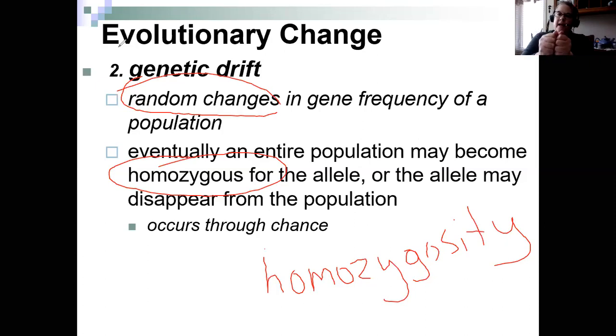So every individual would have the recessive version of that trait. Or instead of having any little a's, the whole population just has big A's. So now every individual has only the dominant version of that trait. Okay, so this is what the problem is, homozygosity can happen. And if it happens in more than one of those gene pairs in the body, that can lead to a big change in the diversity.